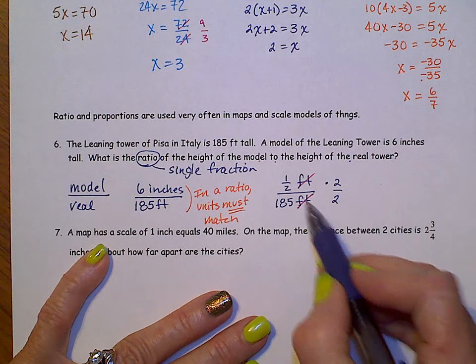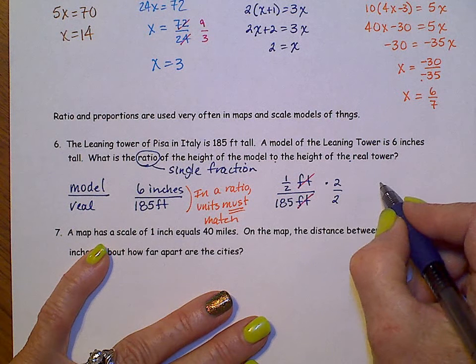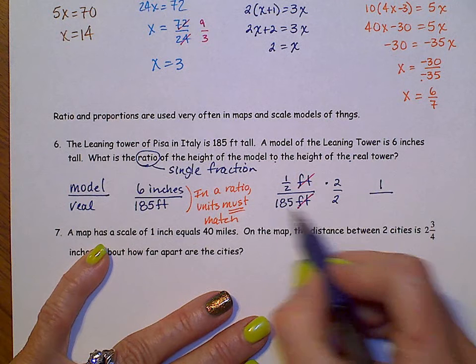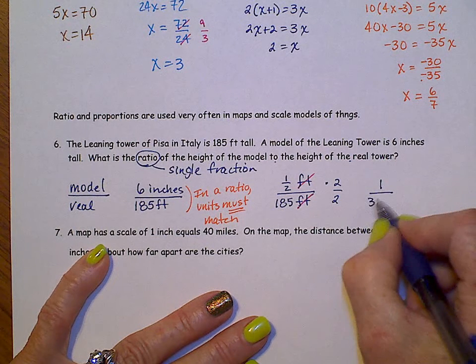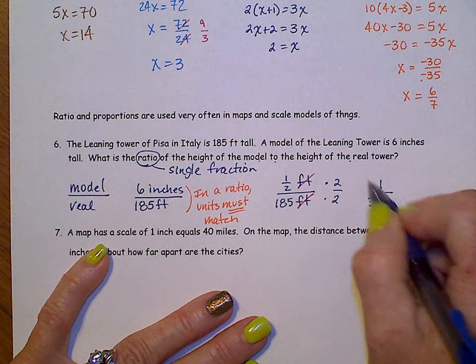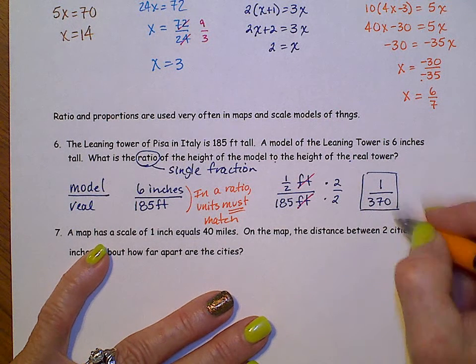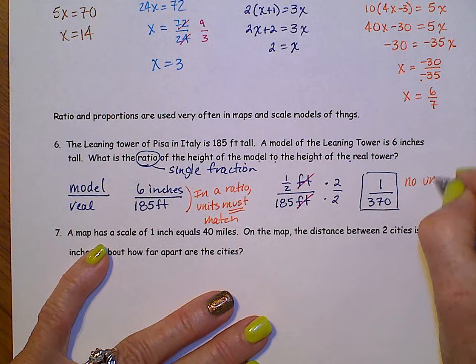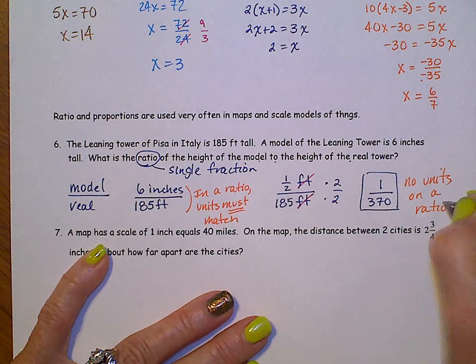Then 1/2 times 2 is 1, and 185 times 2 is 370. That's the ratio. And notice there are no units on a ratio, because they canceled each other out because they were the same.